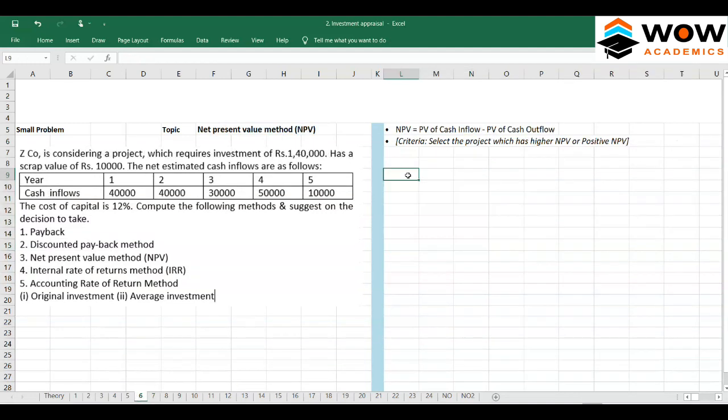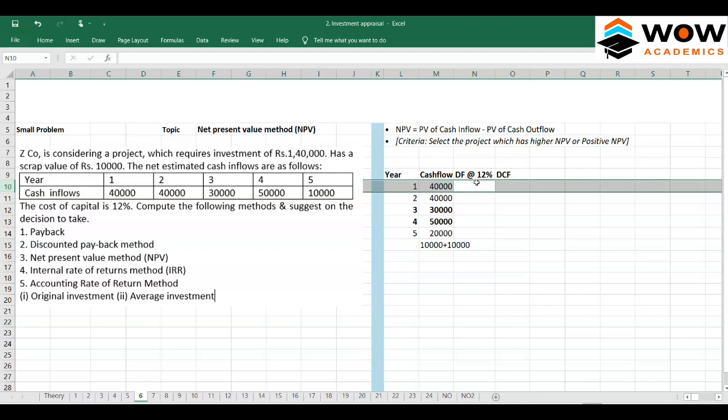Okay, so here we have, so we'll start with this sum. So you can read the question by yourself. So the investment is 1,40,000 and these are the cash inflows 40, 40, 30, 50 and 10, and it has a scrap value. So 10 plus 10, 20,000, and the discount factor is 12%. So we'll start from the discount factor. It is 12%. So then we have to get the DCF, discounted cash flow we have to get.